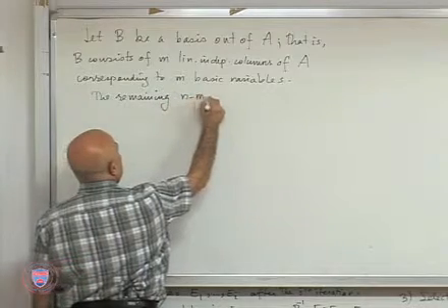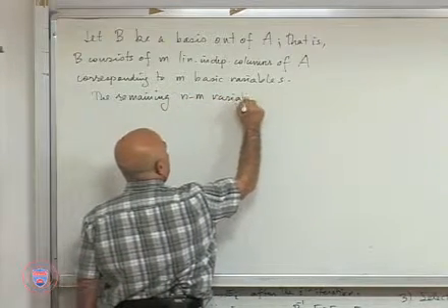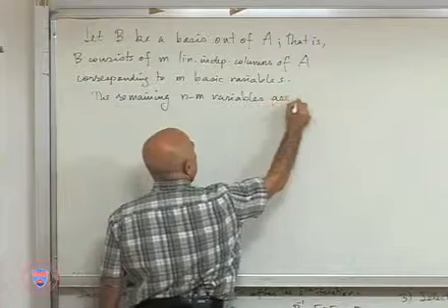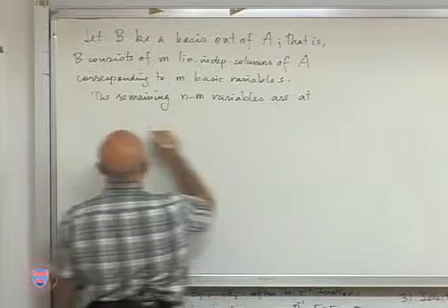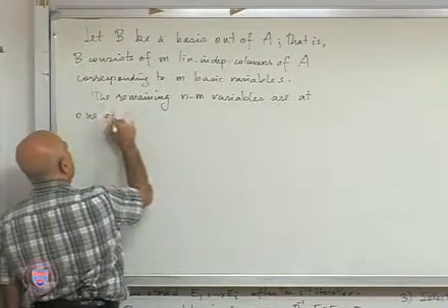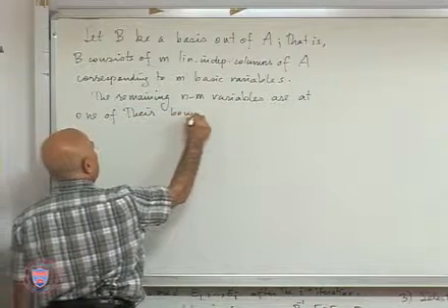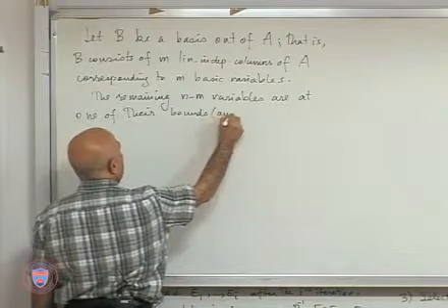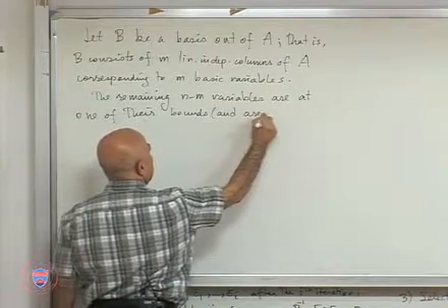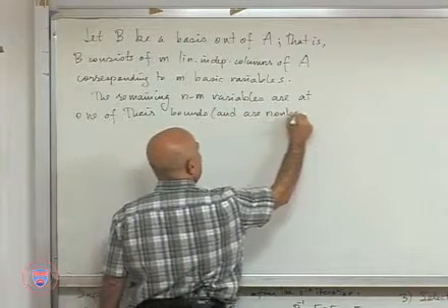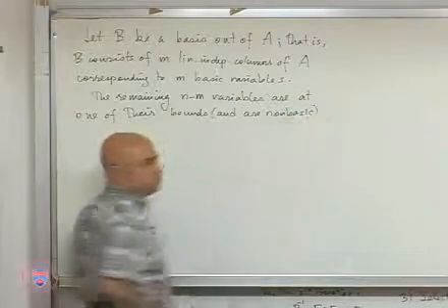N minus m variables are at one of their bounds. And they are the non-basic variables. Okay?